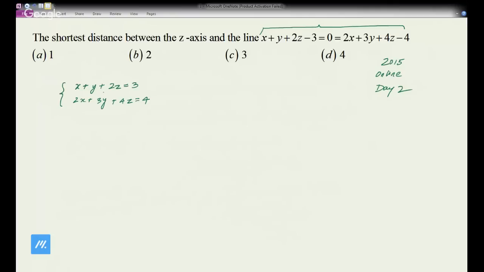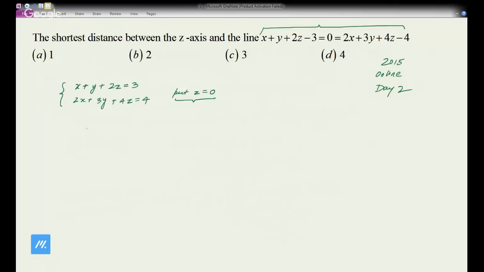So you need to find again the line of intersection of these two planes. How are you going to do that? You can actually straightforwardly put z equal to 0. I have just told you, you can go back to the video and see what I've taught you just now.